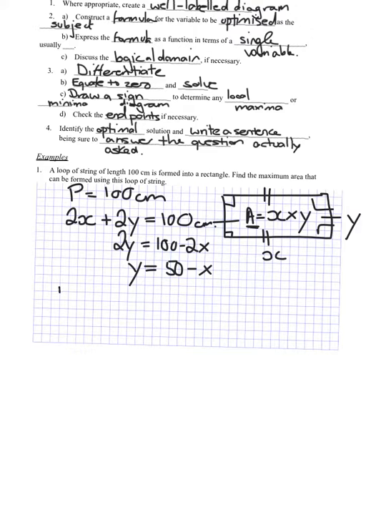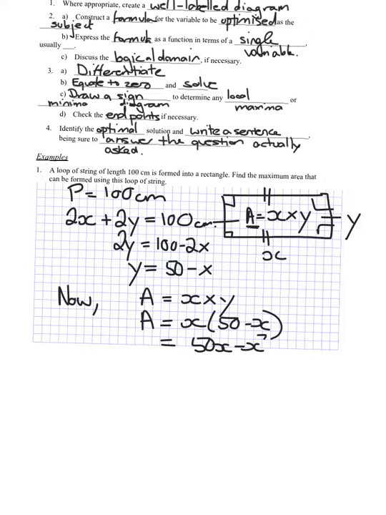Now let's go and write our area formula. So now area equals xy. Now we're going to replace the y, remember, by 50 take x, and we'll just expand that to make it simpler, 50x take x squared. So we've now got our formula in terms of one variable. The next step was to differentiate that.